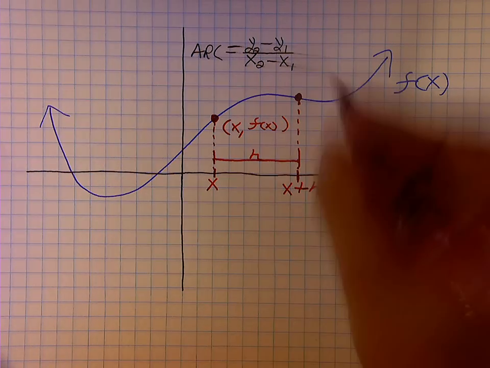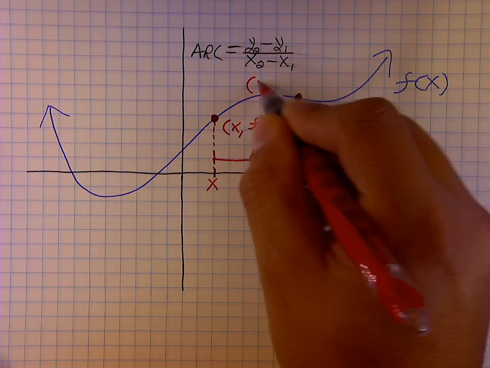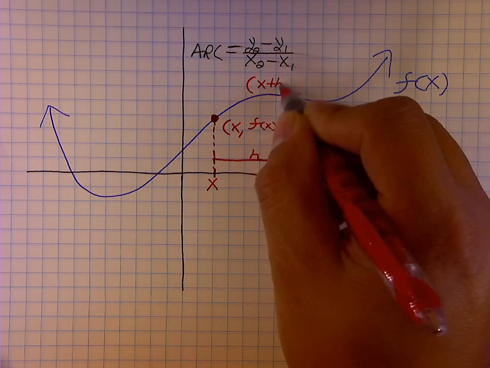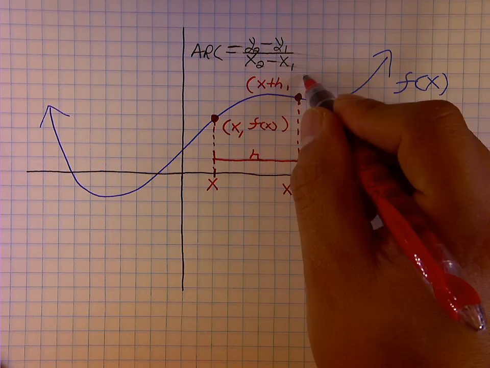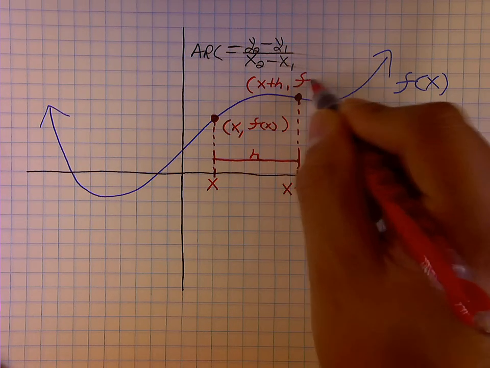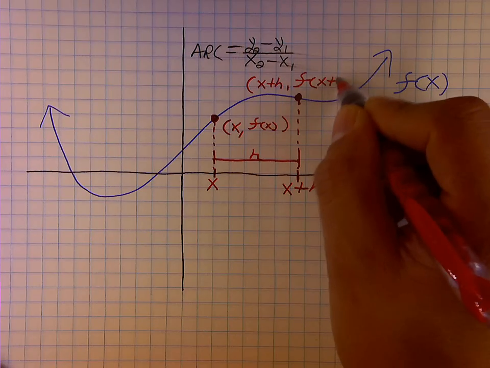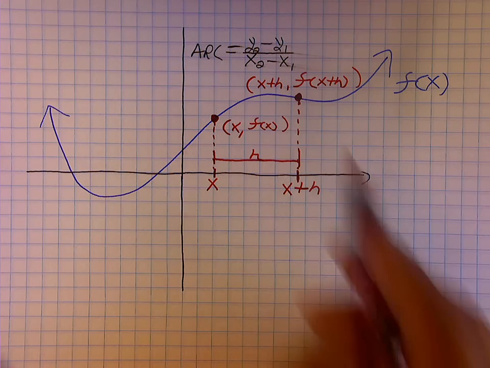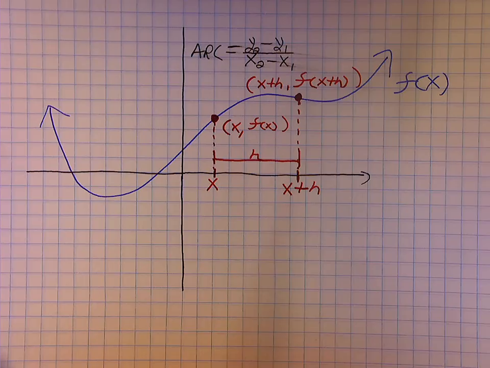But now I can talk about my second point. My second point has an input of x plus h. It has an output from the function which will be determined by plugging in this value x plus h. So here is my input and this is the output for that input.